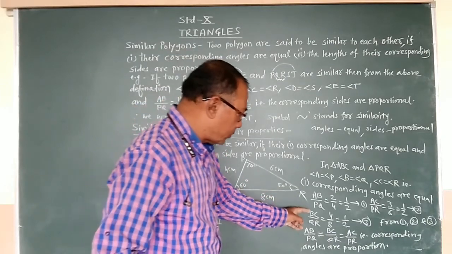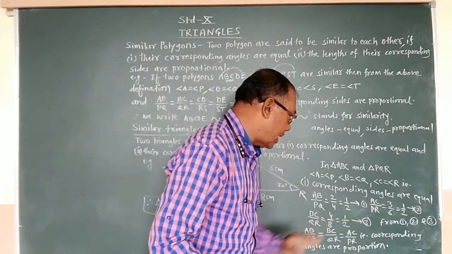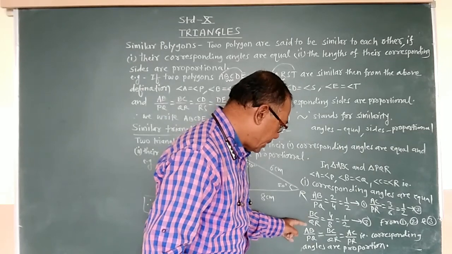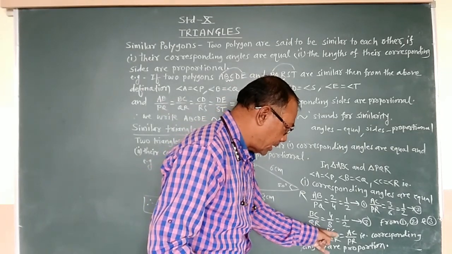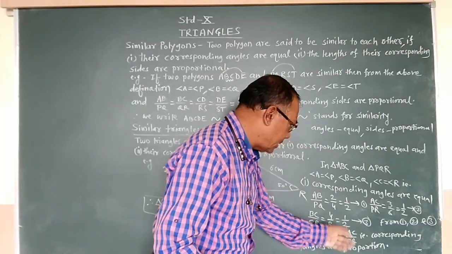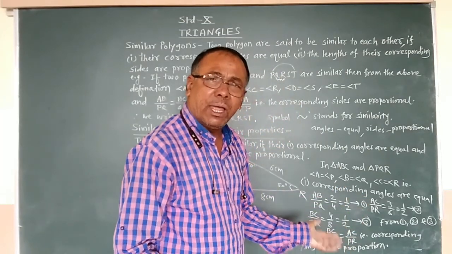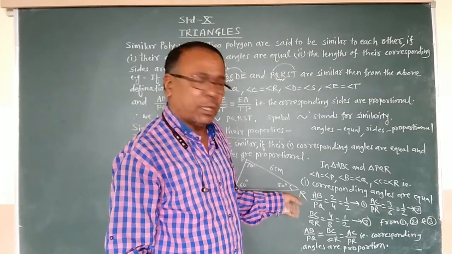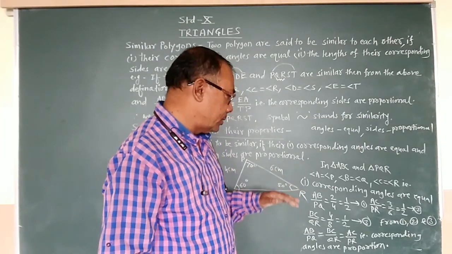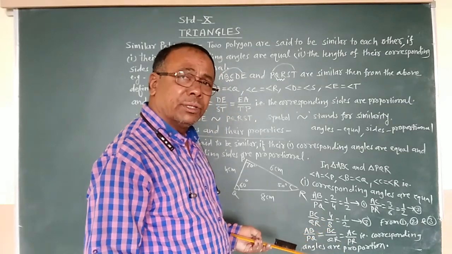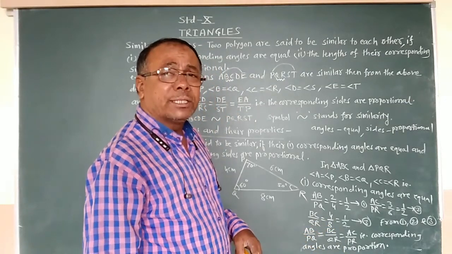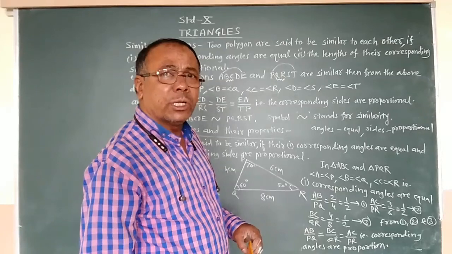Therefore from equations 1, 2 and 3, AB upon PQ is equal to BC upon QR is equal to AC upon PR, because the RHS is equal and therefore the LHS must be equal. In this way, our second condition is satisfied.